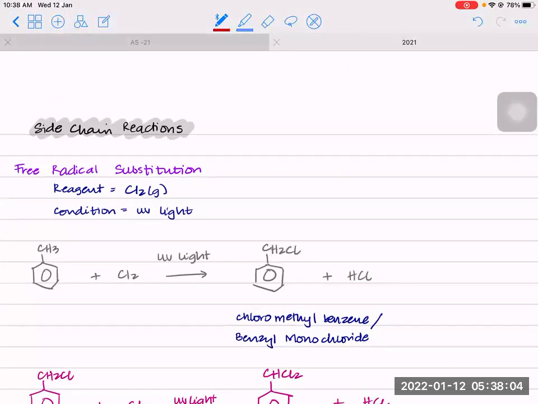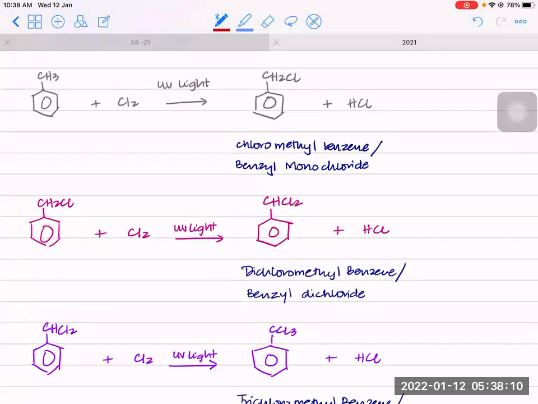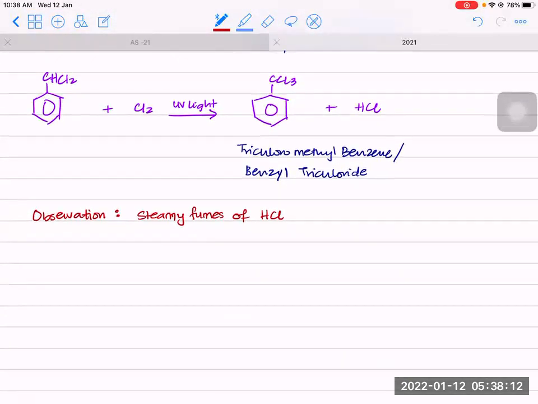If you're using, let's say, Br2 in the presence of UV light, instead of Cl you'll get Br, and you will get HBr, which will also be steamy fumes. Yes? And if you're using chlorine, then you can say the green-yellow color of chlorine fades. Yes? So these are your two observations for free radical substitution. Clear?